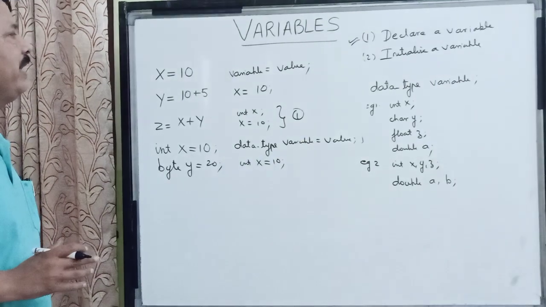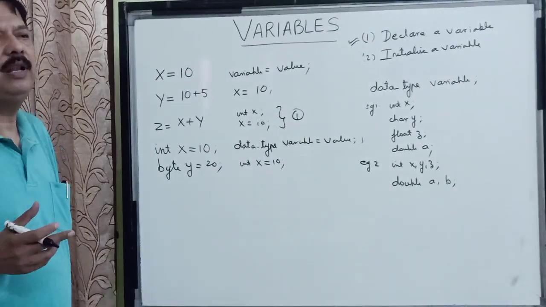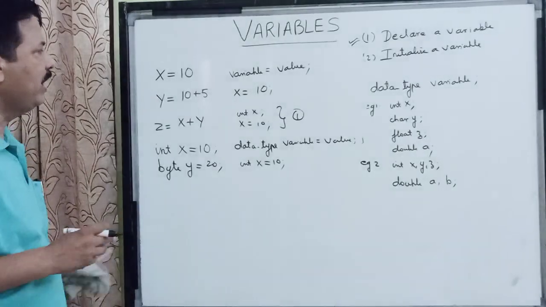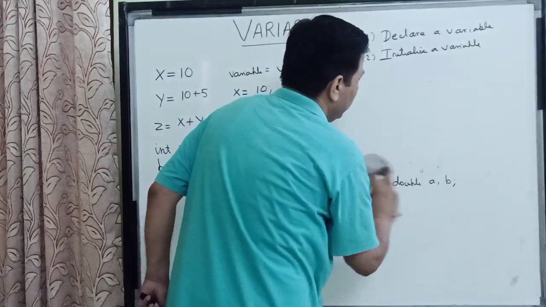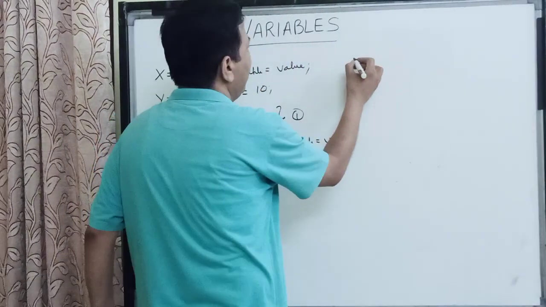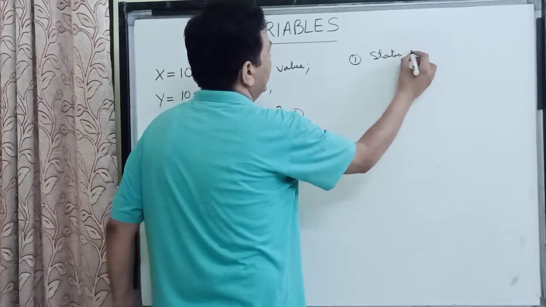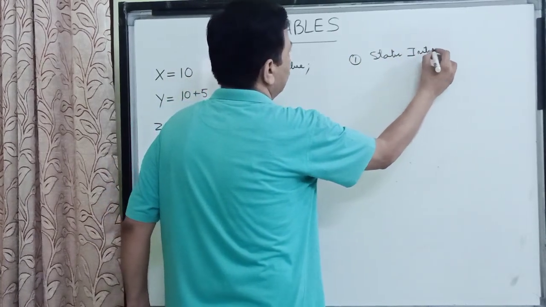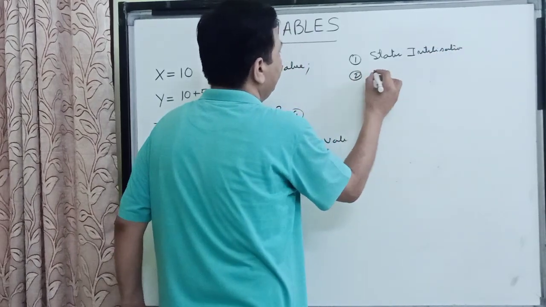Now children, when I initialize a variable, initialization of a variable is done in two ways, and these two ways are static and dynamic initialization. So two ways of initializing a variable are static initialization and second is dynamic.